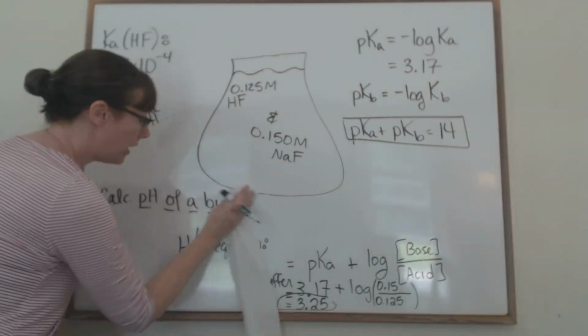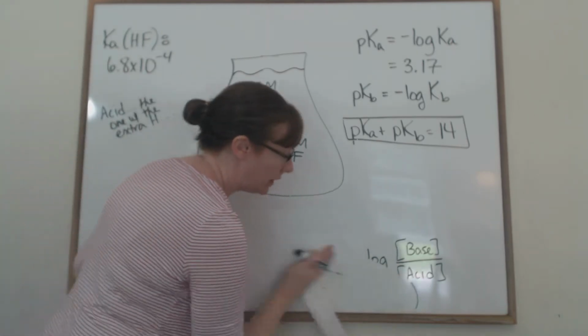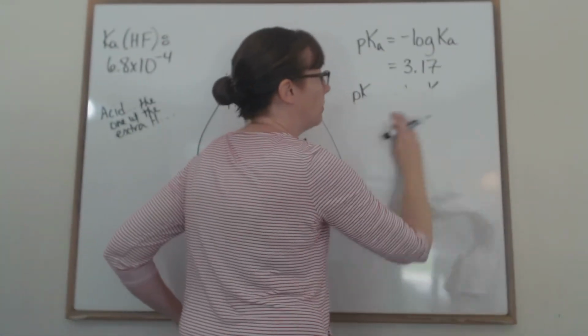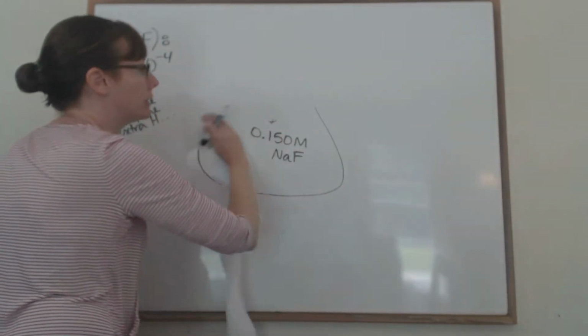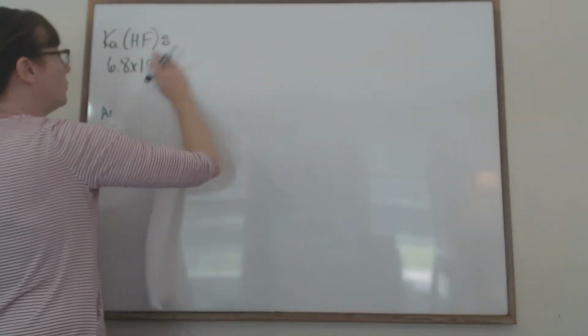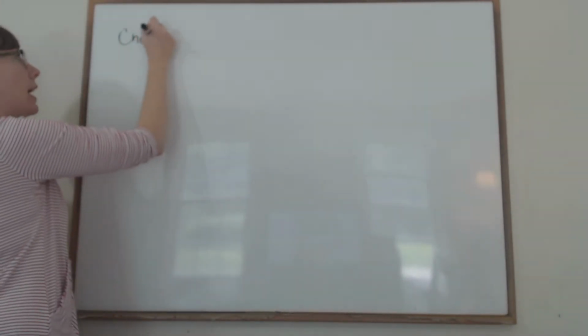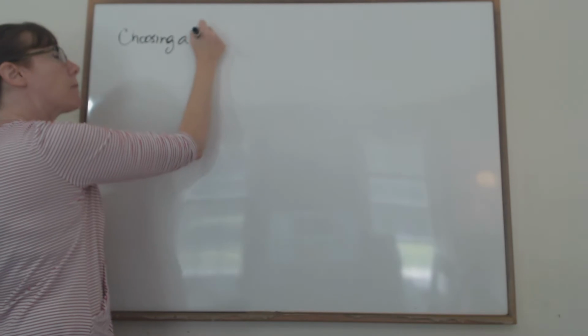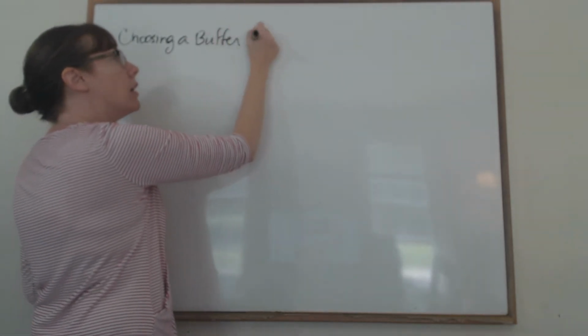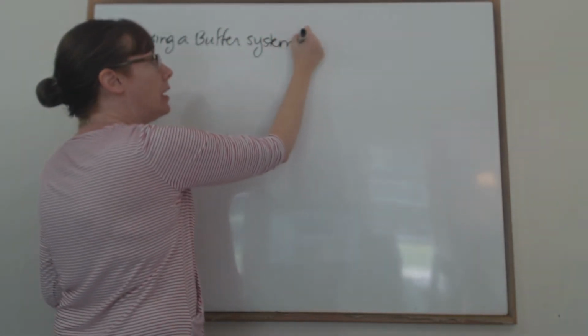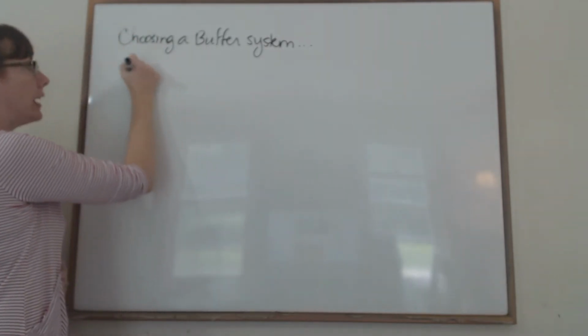Now, let's go ahead and do another kind of easy type of question before we move on to a little bit harder stuff. So, choosing a buffer. Choosing a buffer system. For this one, it's just like a rule.